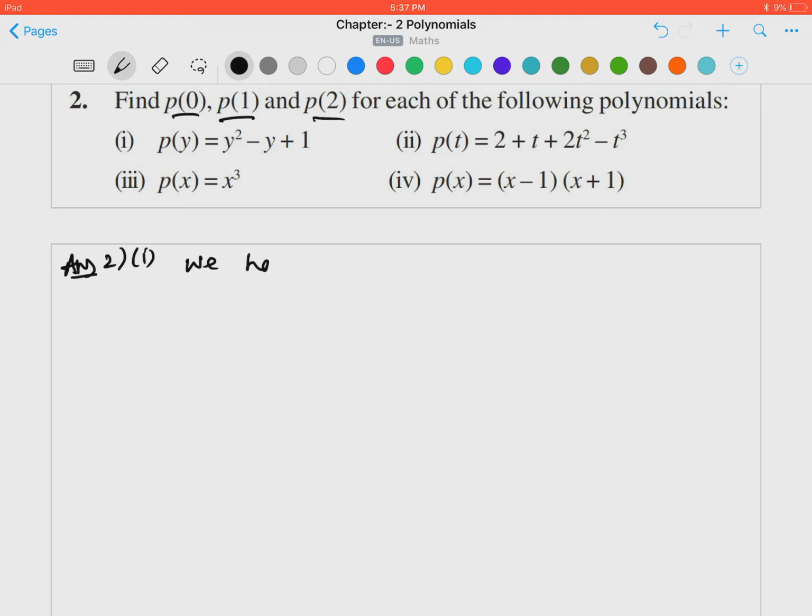We have p(y) equals y square minus y plus 1.